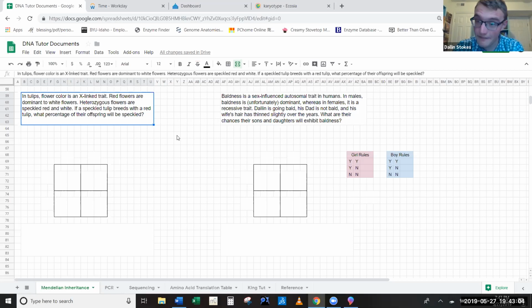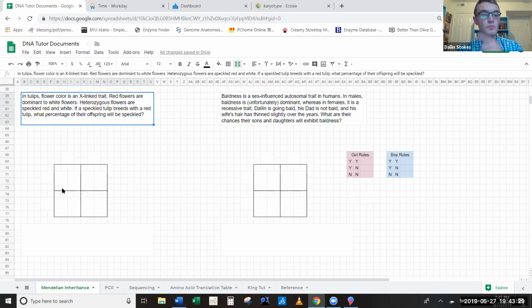Now you've got 3 phenotypes instead of 2. So all you need to know for this week, and we'll clarify it next week, but it's going to confuse the living daylights out of everyone. Heterozygous flowers are speckled red and white. Big R flowers are red, and little r flowers are white.